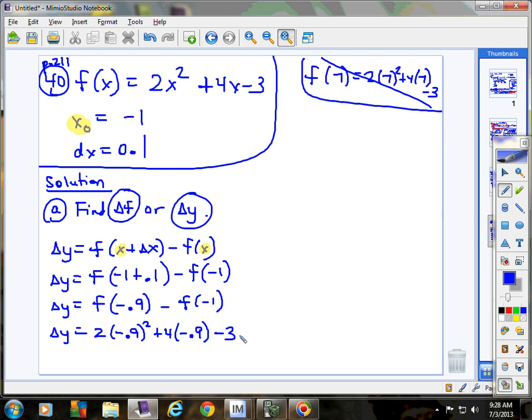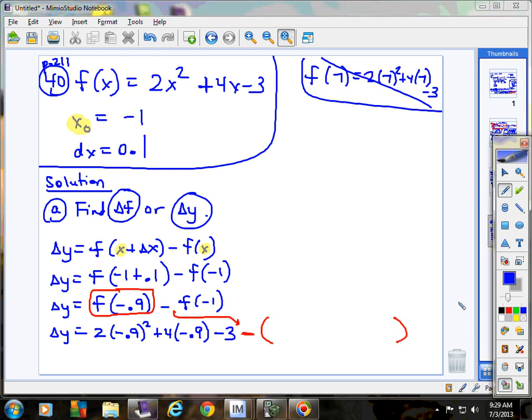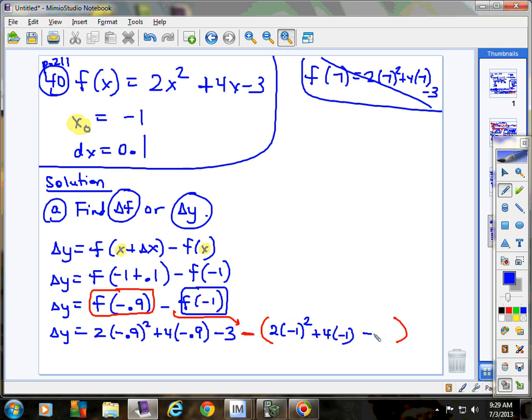All right, so what I've got here is this part, minus whatever I get when I put -1 into f. So now if I put -1 in, I'm going to have 2 times -1 squared plus 4 times -1 minus 3.